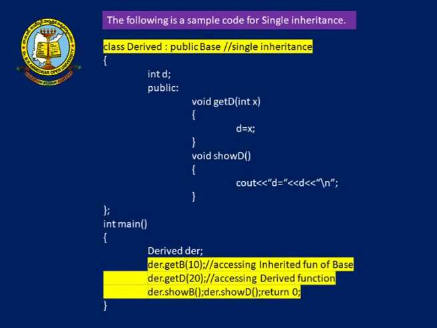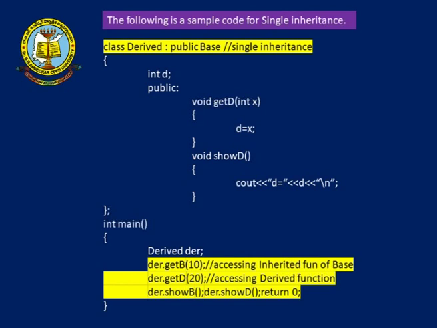When we derive a new class from an existing class, the public member functions, get b and show b, will automatically be inherited into the derived class. Apart from its own member functions, getD and showD, it also gets the public member functions from its parent. Its parent is the base class.